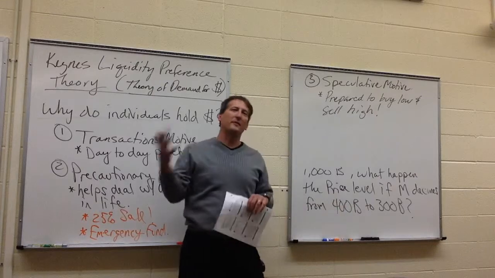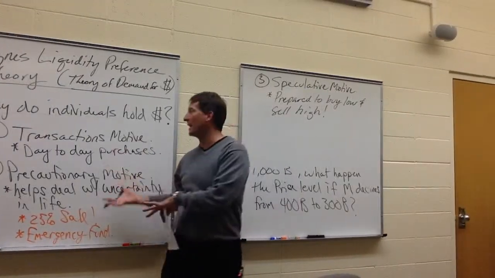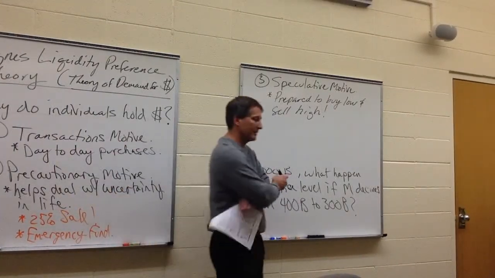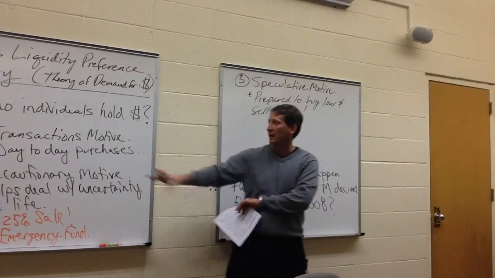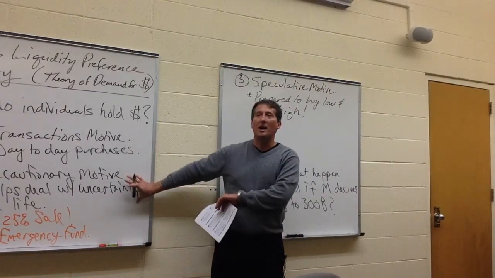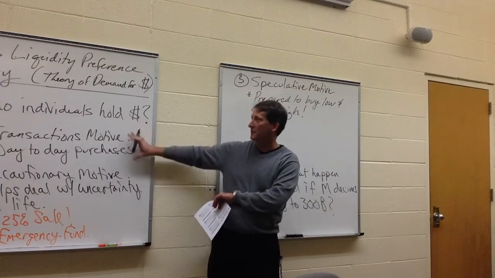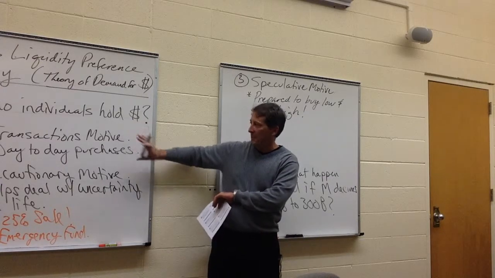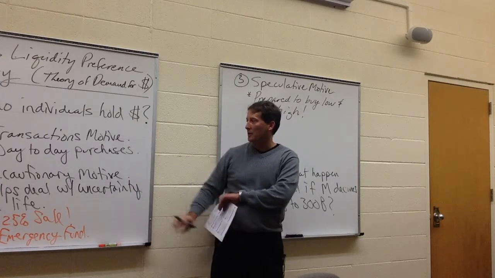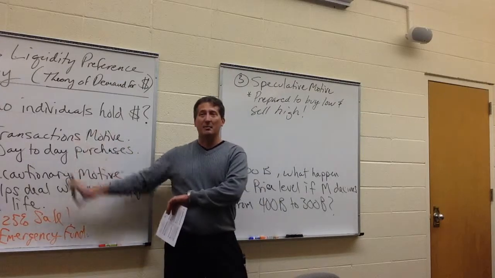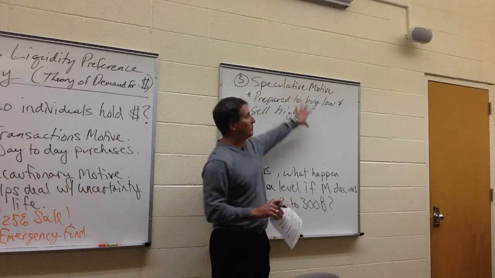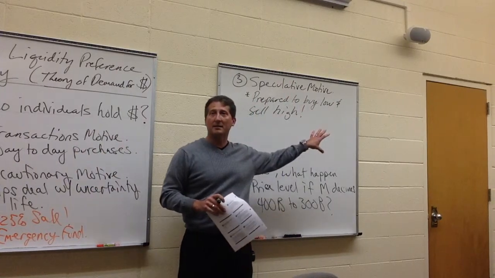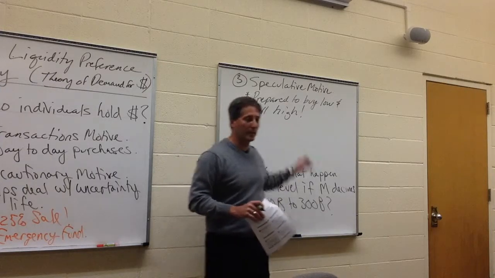This has to do with investments more than just spending on current consumption goods. Transactions motive and precautionary motive are a little more on the consumption side. Speculative motive is more on the investing and saving side. All right, we'll pick up there on Friday.